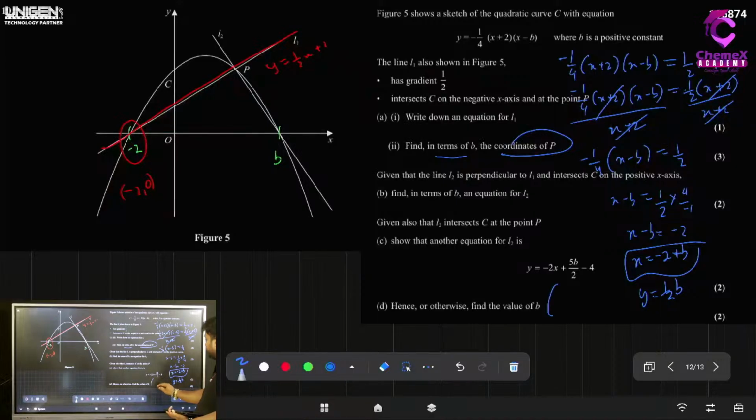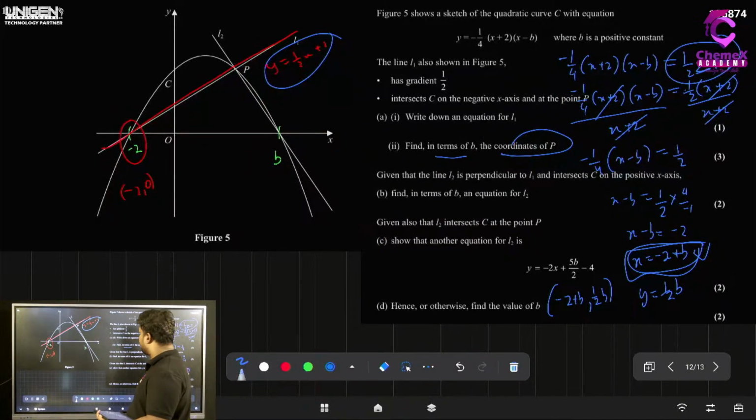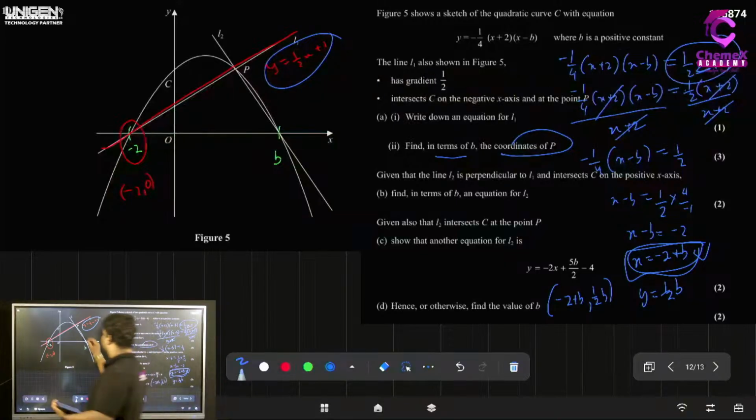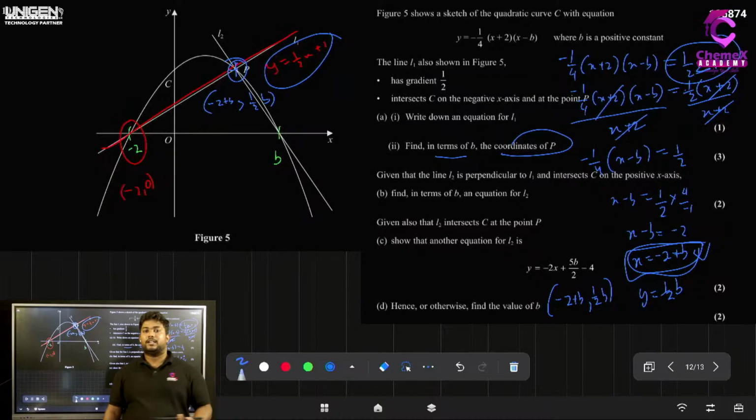So you just found it, minus 2 plus b x coordinate, 1 over 2 b y coordinate. I just substituted this x value I got into the main equation. Understood? One of the equations, this equation also if you substitute you get the same. So now I got what is p actually. So p in terms of b: one coordinate is minus 2 plus b, y is going to be 1 over 2 b. So that's the p coordinate here. Once you know the p coordinate, how do you do the next one?